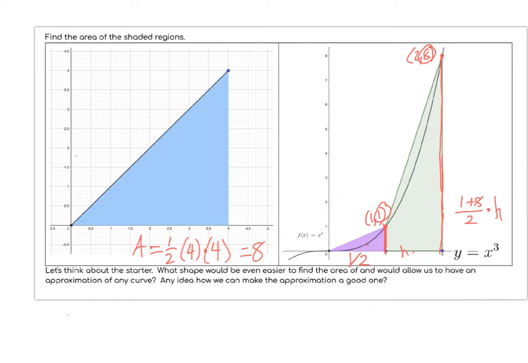That height is going from 1 to 2, so it's just 1. So we get 9/2 for that part. That gives us a pretty good estimate for the area between 0 and 2 under this curve, but it's a little bit over because we got these weird chunks sitting on top here. To make this more accurate, we would need to divide this into smaller pieces.